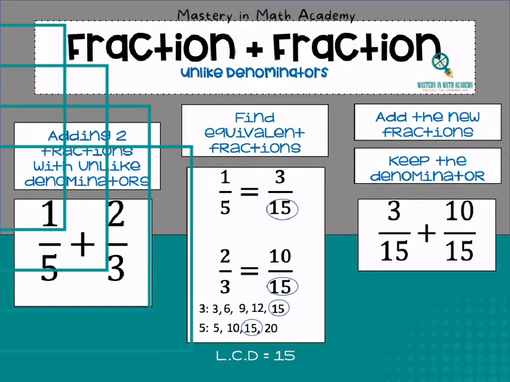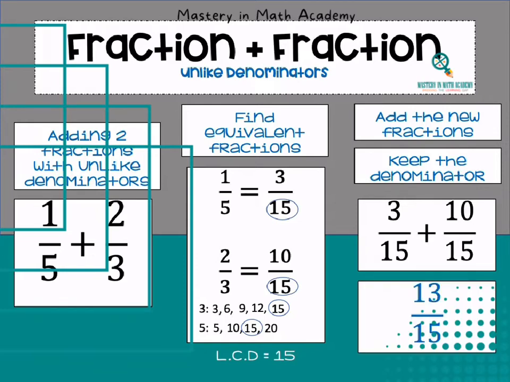Keep your denominator, focus on your numerator, which is 3 plus 10. And we know that 3 plus 10 is equal to 15. So guess what? 3 plus 10 is equal to 13, not 15. Oh my. So that is our answer. There's nothing less for us to do.